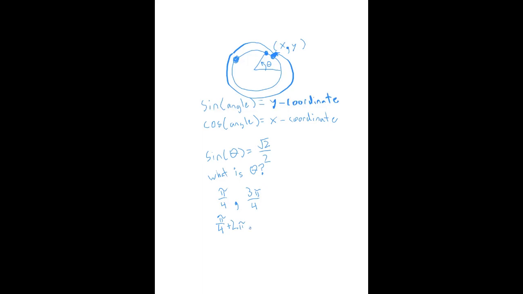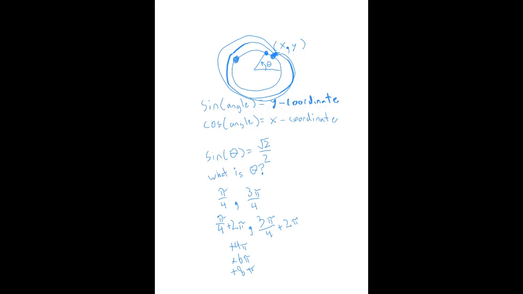And similarly, we can do the same thing, 3 pi over 4 plus 2 pi. Well, I can just go around the circle another time and instead add 4 pi or 6 pi, or 8 pi, so on and so forth, going around the circle again and again and again.